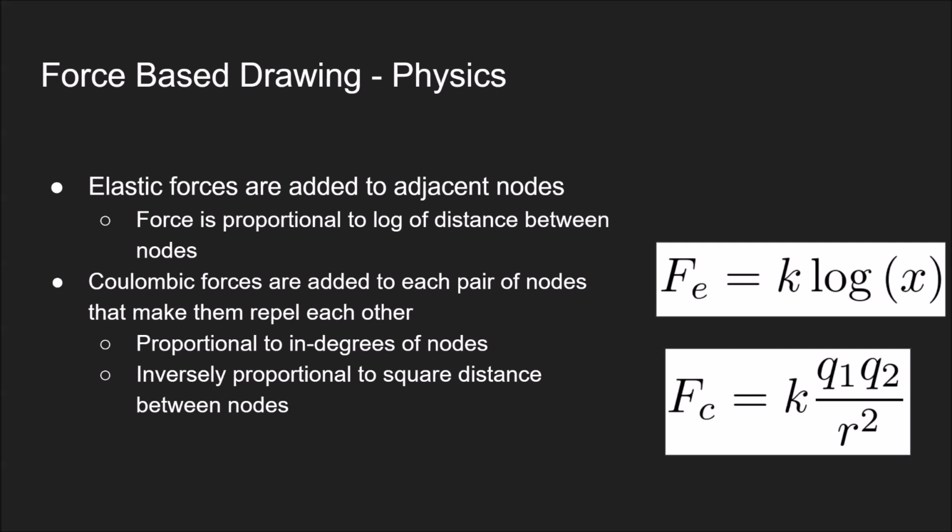And then we are also applying Coulombic forces to nodes to repel them from each other so that nodes won't be clustered together. So for that, we're assigning a charge to each node, which is just its in degree. And then we're dividing by the distance squared between two nodes and multiplying by a constant.